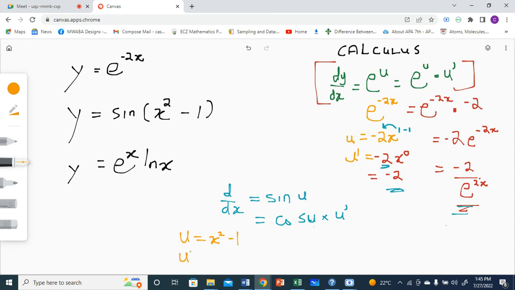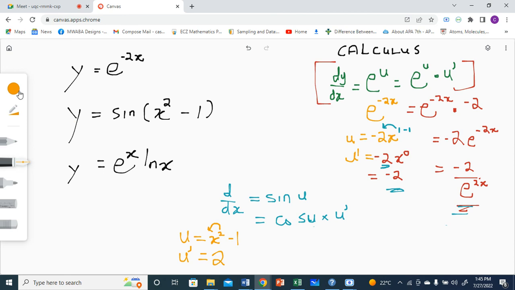Then the derivative of u. Again, the power rule comes into play. We've got x squared here, our exponent is 2. So we multiply our exponent times our coefficient. Our coefficient is 1, 2 times 1 is 2.